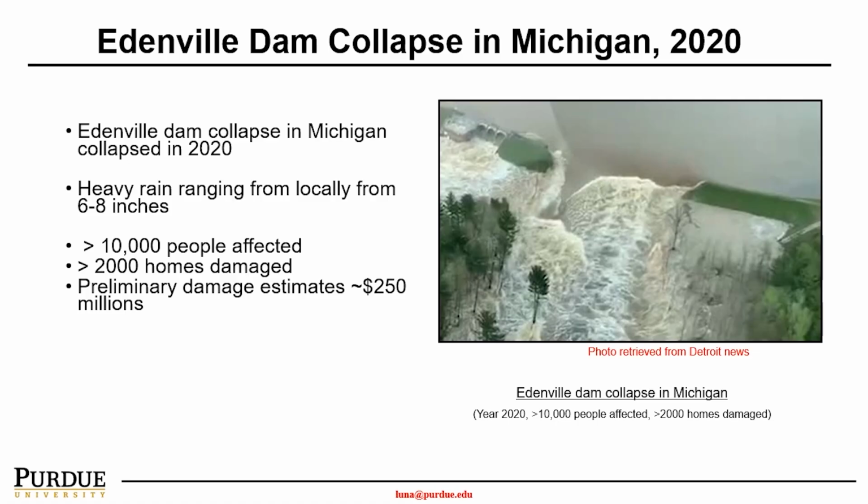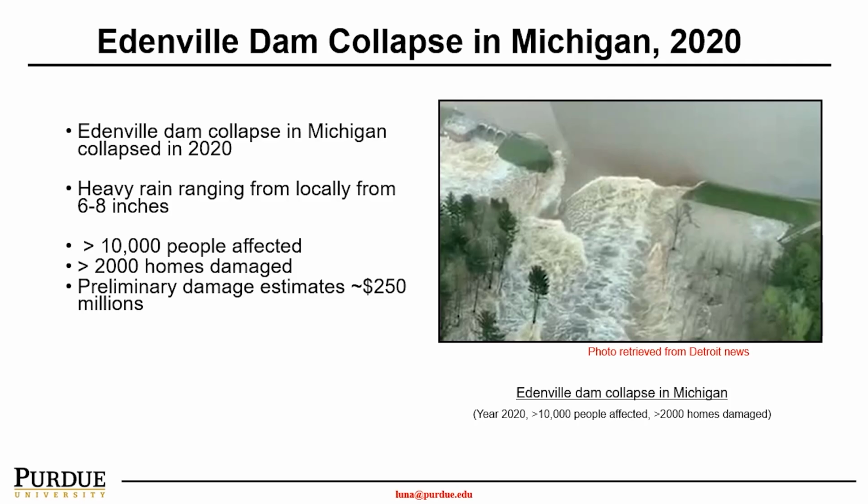One of the most recent accidents caused by lack of inspection is the Edenville Dam, which collapsed earlier this year in Michigan due to heavy rain ranging from 6 to 8 inches. That built up a lot of stress on the concrete, and eventually a part of the concrete structure collapsed.